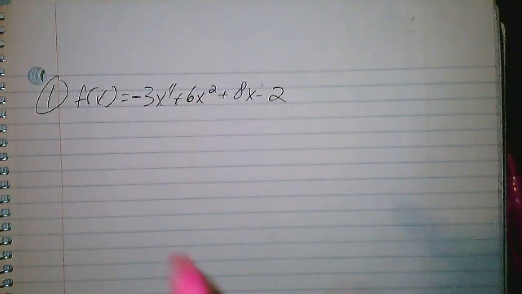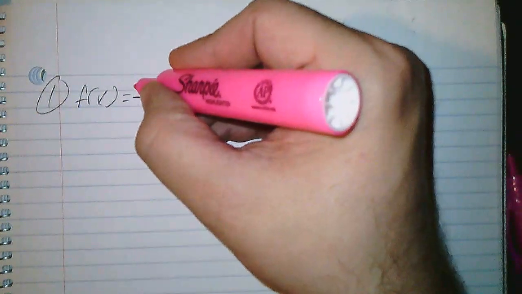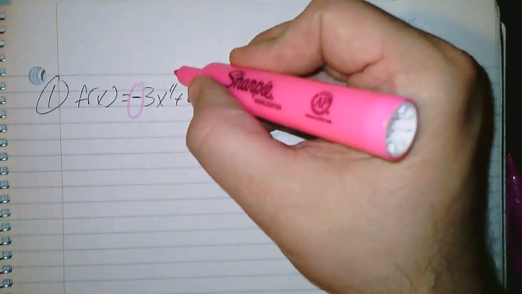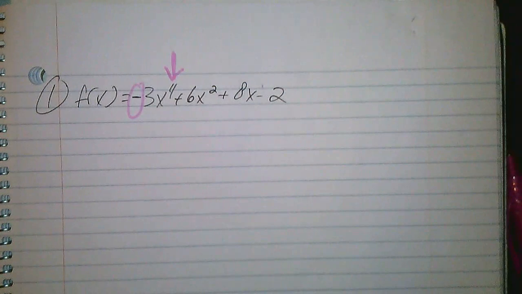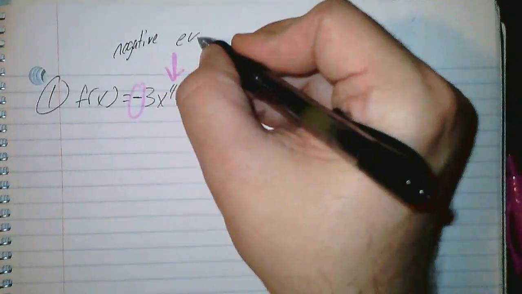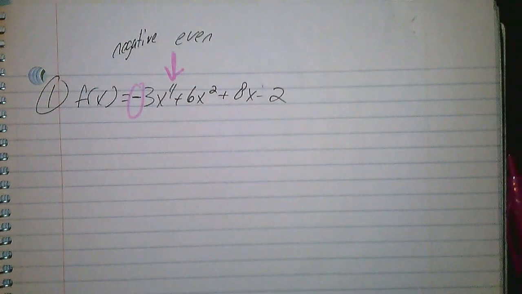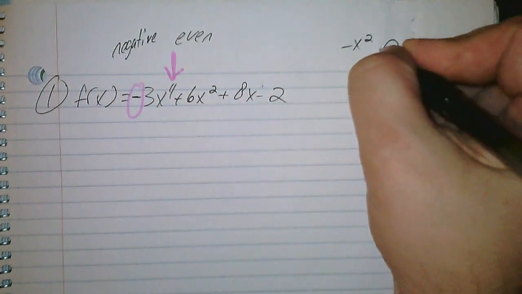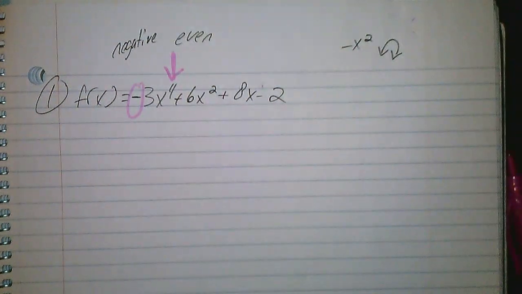The only thing that affects the end behavior is the leading term positive or negative, and is the highest exponent odd or even. So we are negative and even, which I think of as like negative x squared, which opens downwards.